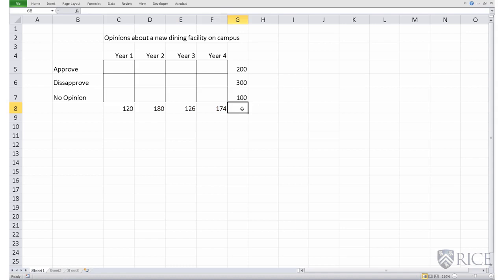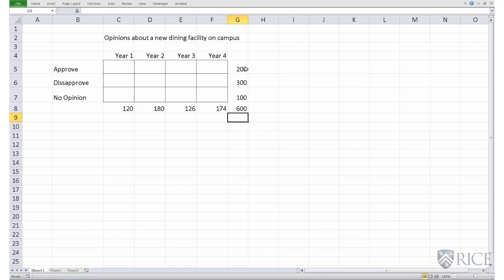So let's enter the totals. Let's enter the function equals SUM, open parenthesis, and then we could add up the column totals C8 through F8, close parenthesis, enter. So the total number of students that participated in the survey was 600.